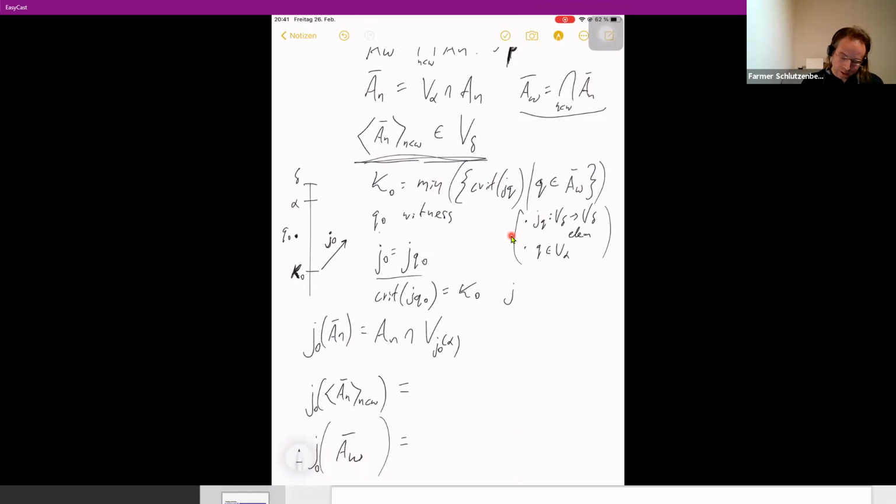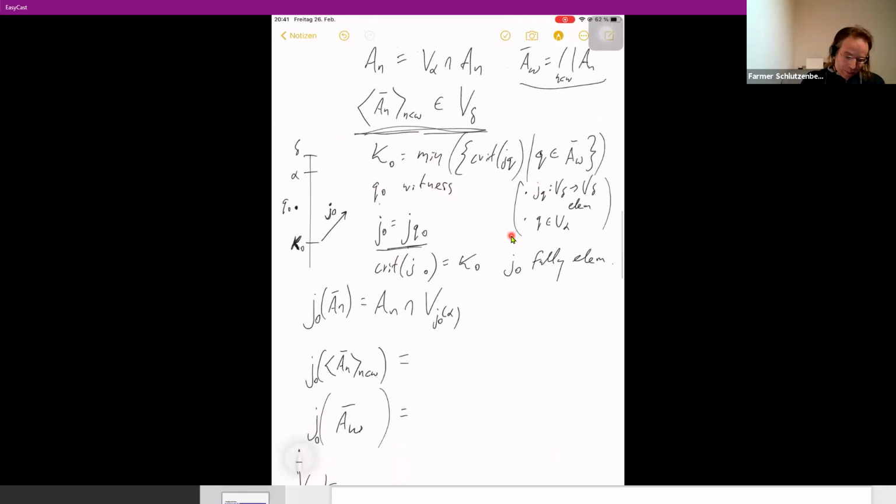Sorry, I'm calling that J_0 now. J_0 is fully elementary. Obviously, I don't mean J with the parameter 0, it's just notation. So that's what we have in our picture here. The kappa_0 is the critical point, getting moved up by this J_0, and Q_0 is the parameter defining it.